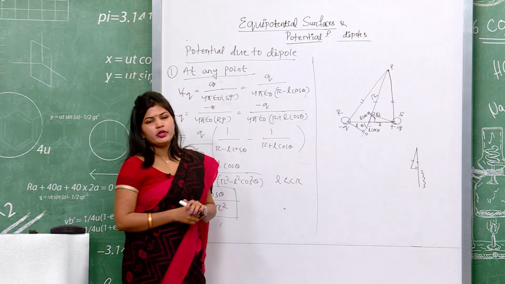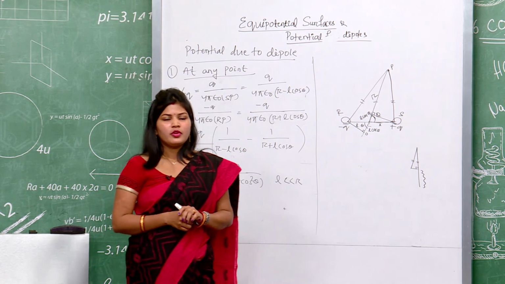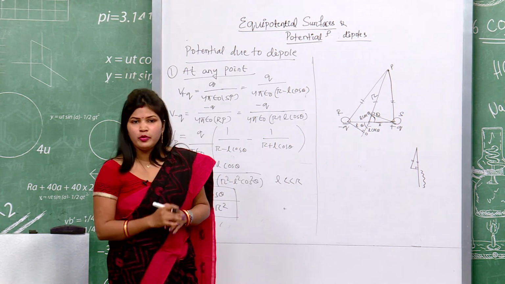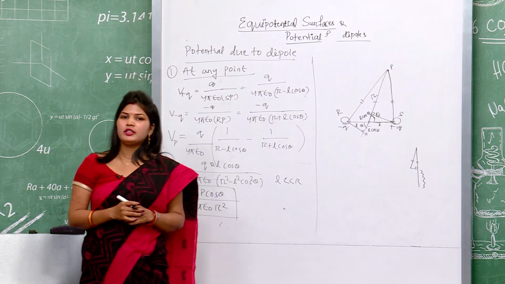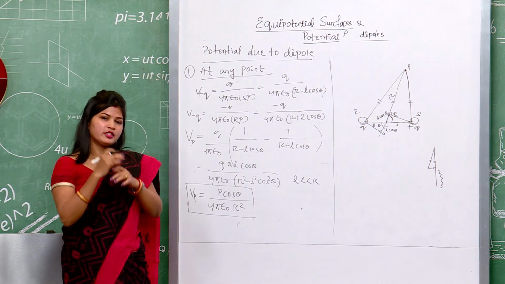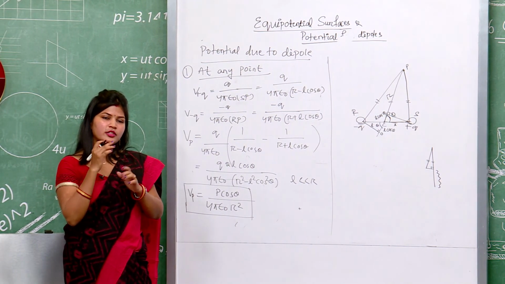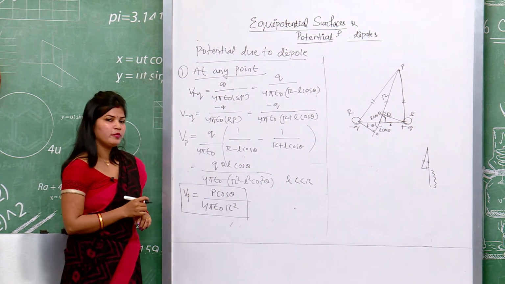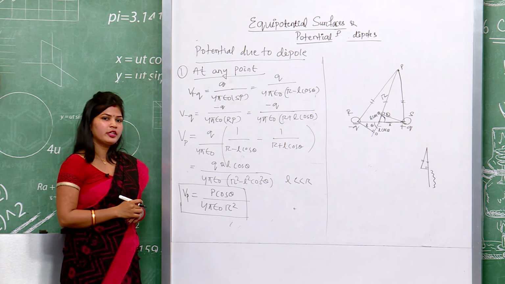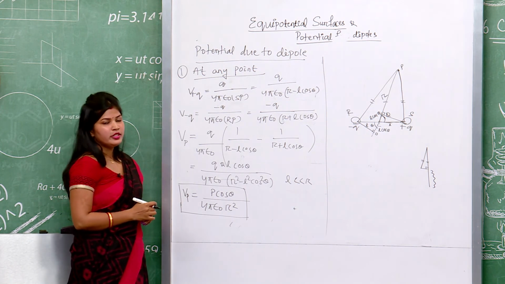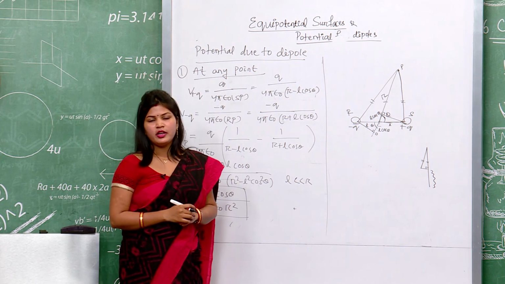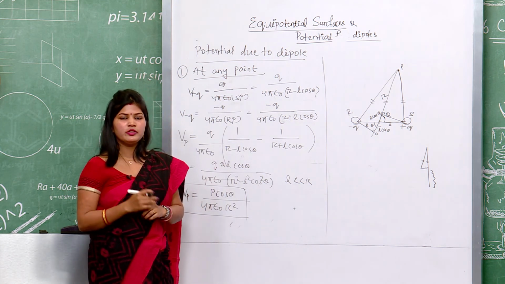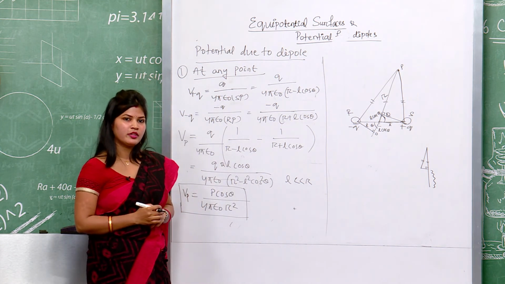Now, the answer to my question: at what point does the electric field exist, but potential is 0? That point is on the equatorial line. At the equatorial line, potential is 0, but there exists an electric field.